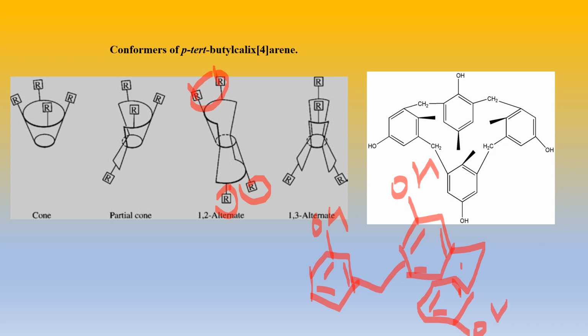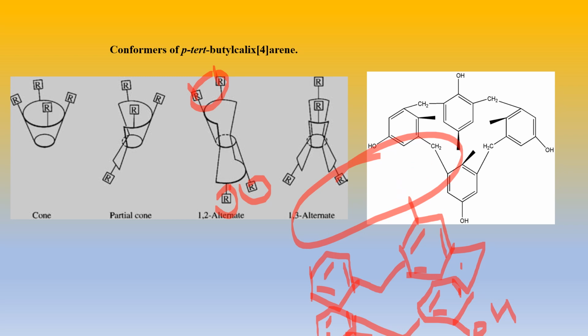Here the OH will be downwards. In the same way I am drawing for another one also. Here also the OH will be downwards. OH or alkyl group, any one thing. Here you can say the alkyl group is upwards.